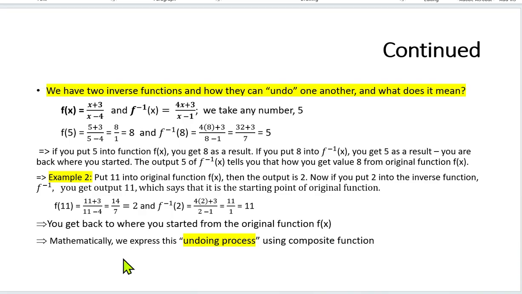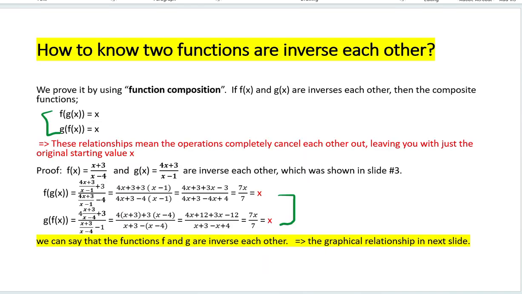So mathematically, we describe this undoing process using composite functions. So how do we know two functions are inverses of each other? This is the definition. We prove it by using function composition.